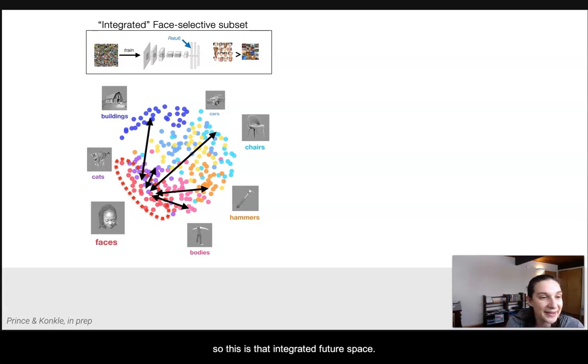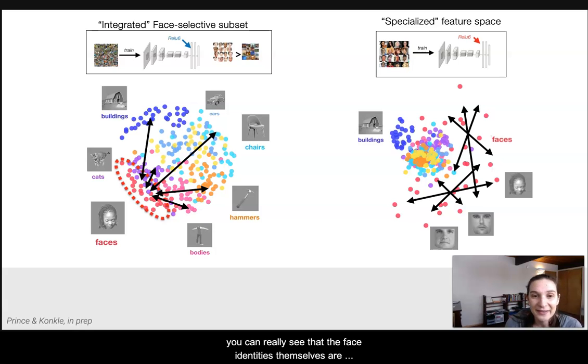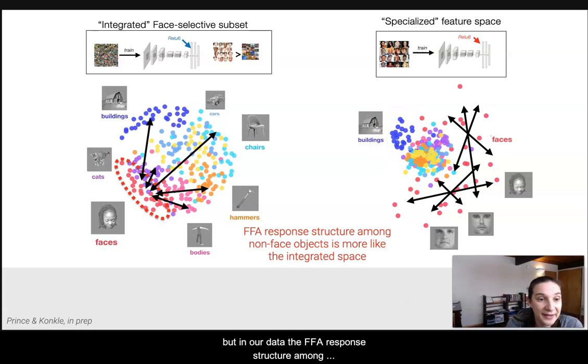So this is that integrated feature space. The specialized feature space really is operationalizing something different. You can see that the face identities themselves are even more different, which was how it was trained. And there's still a lot of structure for non-face categories, including buildings, which really stick out. But in our data, the FFA response structure among these other categories is more like the integrated feature space than like this special feature space.